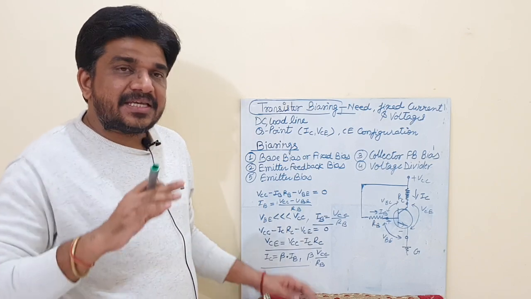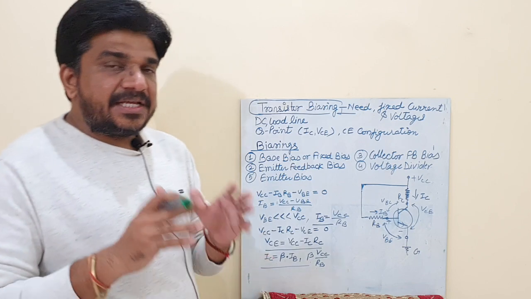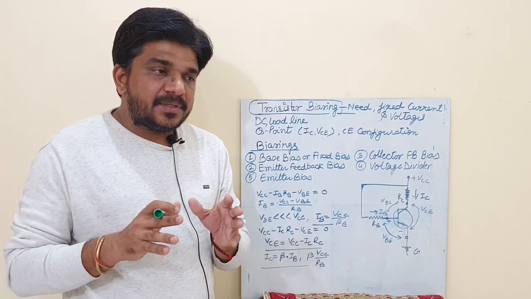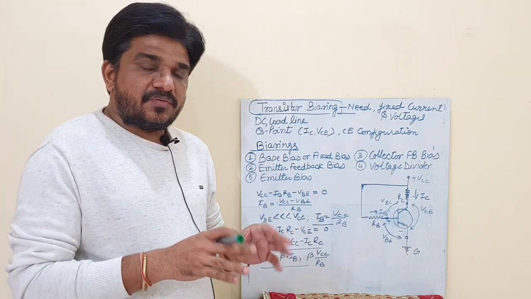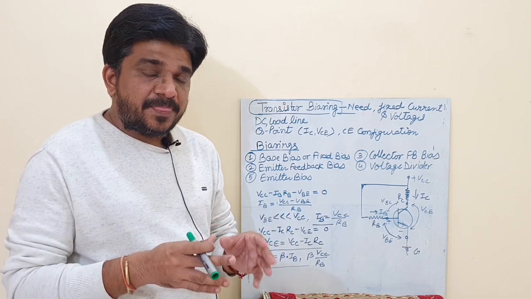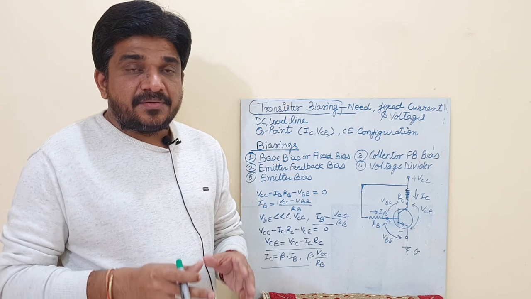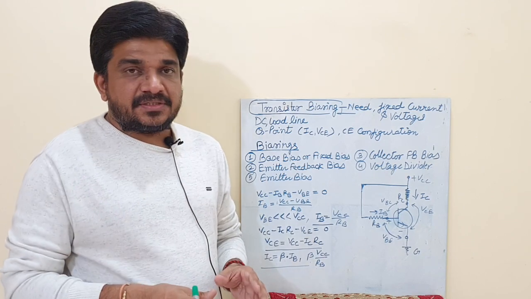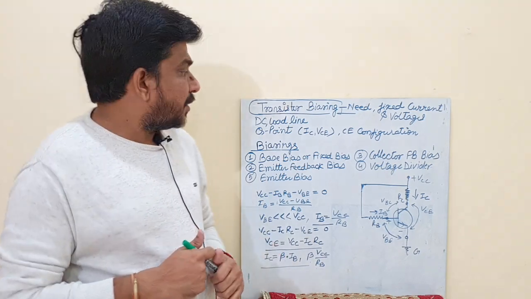Those characteristics have a certain area, the active region, whether it is CE, CB or CC mode, and we have to keep the Q point in the active region. Then only the transistor will work properly.